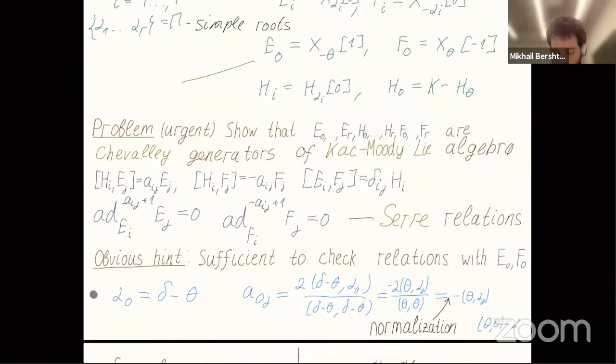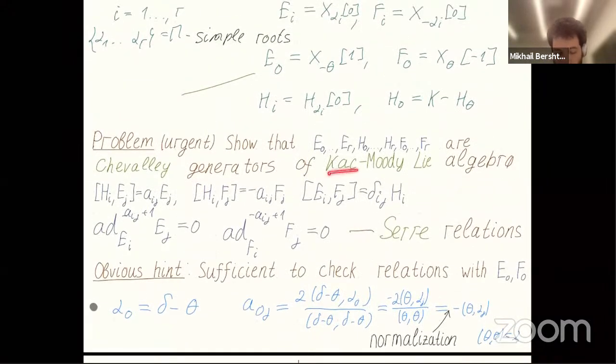Then we stated this affine Kac-Moody Lie algebra, and I decided to put this even as a problem, to show that the generators which we defined in the lecture satisfy the relations of a Kac-Moody Lie algebra, namely quadratic and Serre relations. Of course, this is just a statement about E0 and F0, and more or less this is transparent, but maybe it's good to follow the notations and prove it.